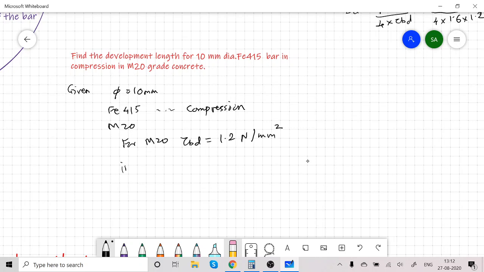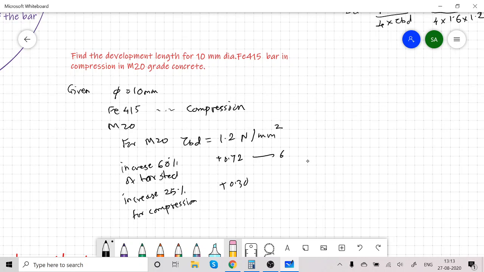Increase by 60% for tor steel, so 60% of 1.2 means 0.72, and increase by 25% for bar in compression. So 25% of 1.2 is 0.3.